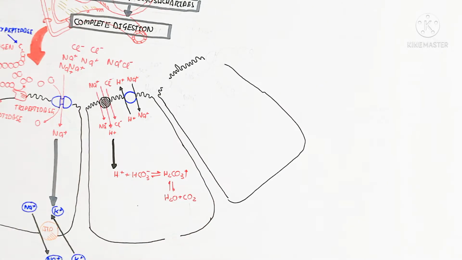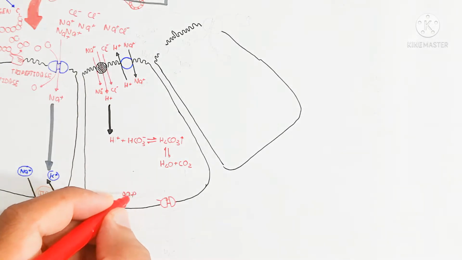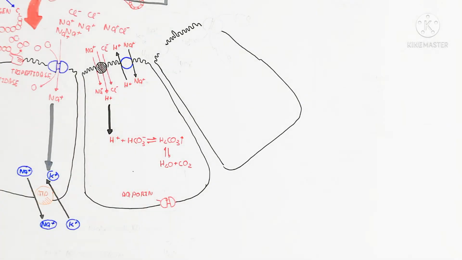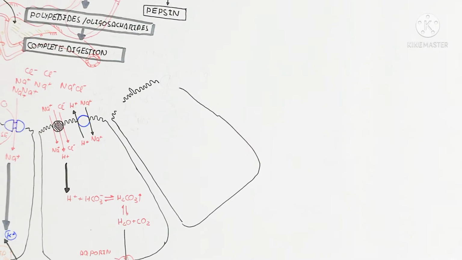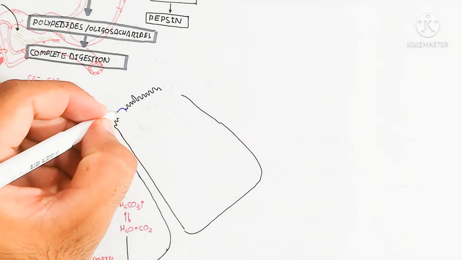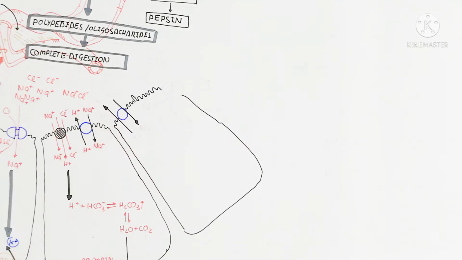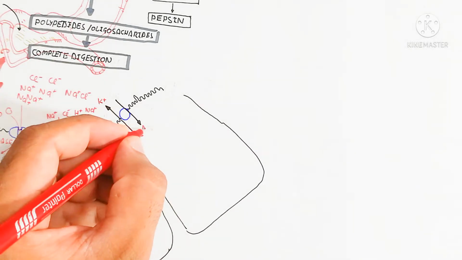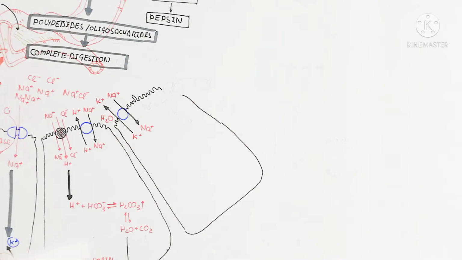Here the proton is converted by bicarbonate to carbonic acid if the acidic medium is decreased. It dissociates if the acidic medium increases, converting to water and carbon dioxide gas, which diffuses directly, and aquaporin allows the water to move inside.